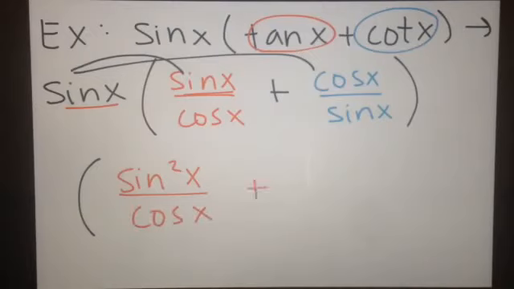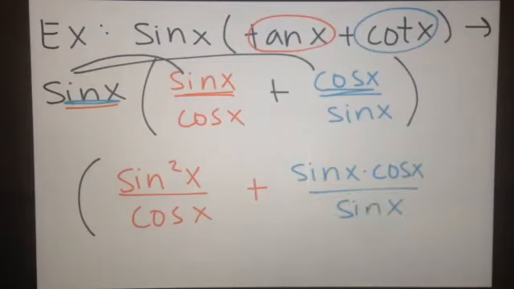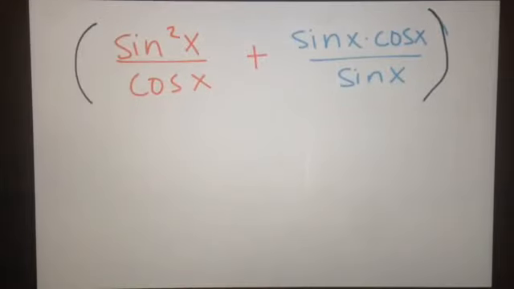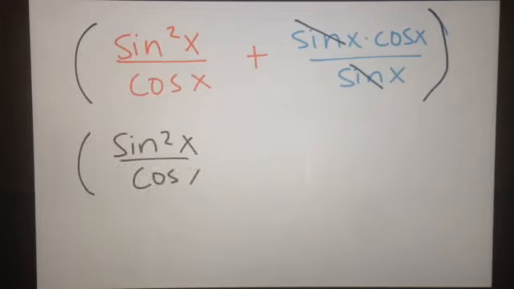For the second fraction, when I distribute that, I'm going to get sine x times cos x, and there's a sine x on the bottom. Now hopefully what you're seeing here is that the sines will cancel. Sine and sine cancel. So I have sine squared x over cos x plus cos x.